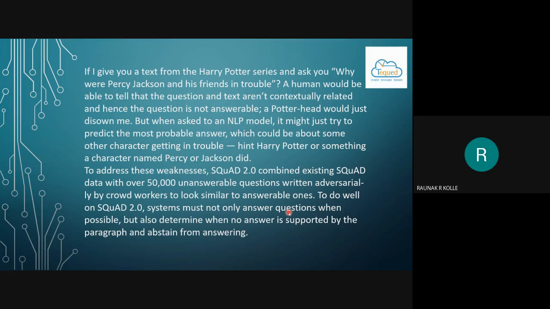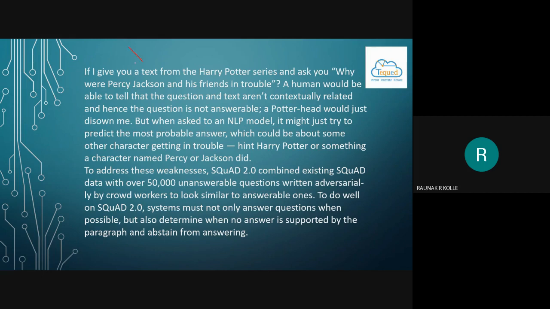Let's consider that Harry Potter and Percy Jackson had a character with the same name. Let's name the character something simple.